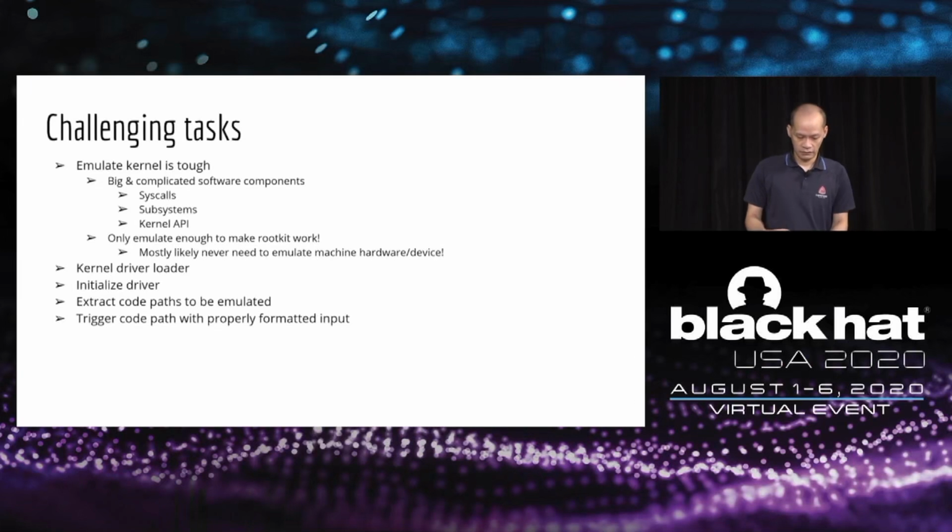How to initialize the driver is also not trivial. During the driver initialization, we need to extract the code path to be emulated. And after that, how to trigger the code path with properly formatted input from users is also another task we need to consider.